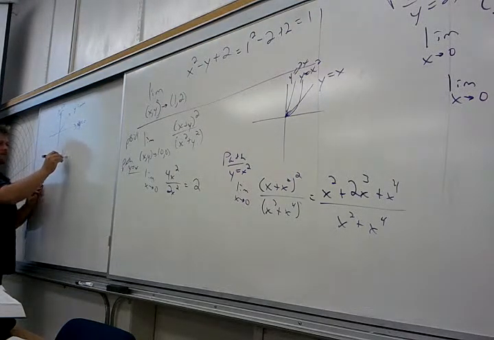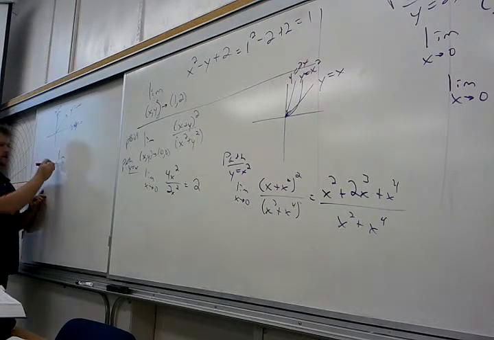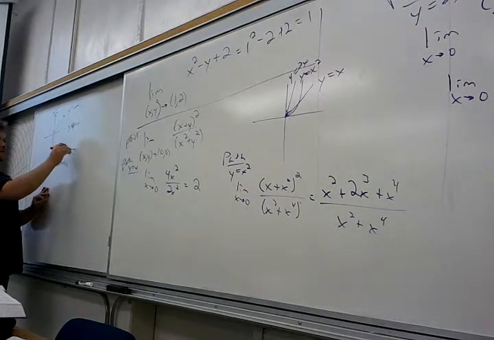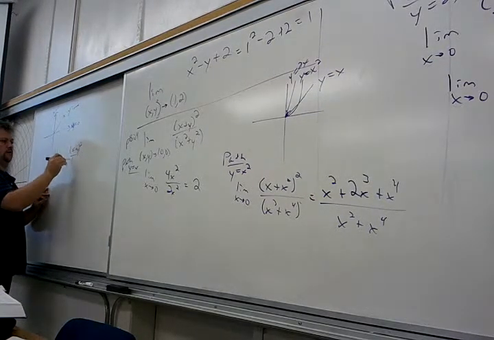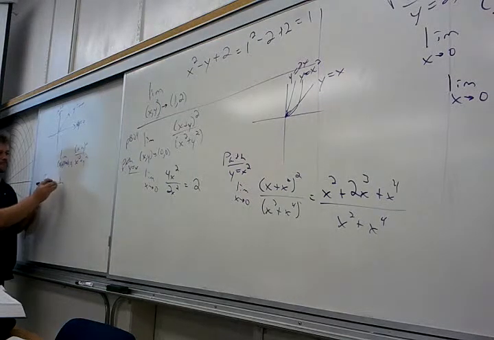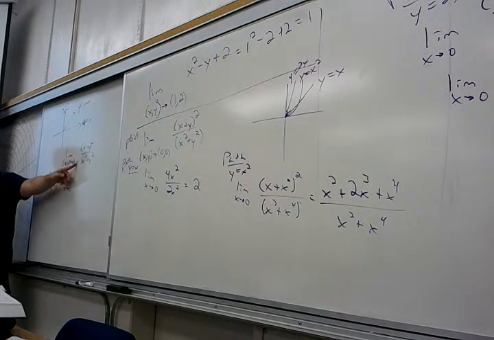So if I take this limit, let me write it again here real quick: x squared over x squared plus y squared. Now if I take the path y equals 0, what do you get here? That's really just taking the path of how can I go to 0, 0.